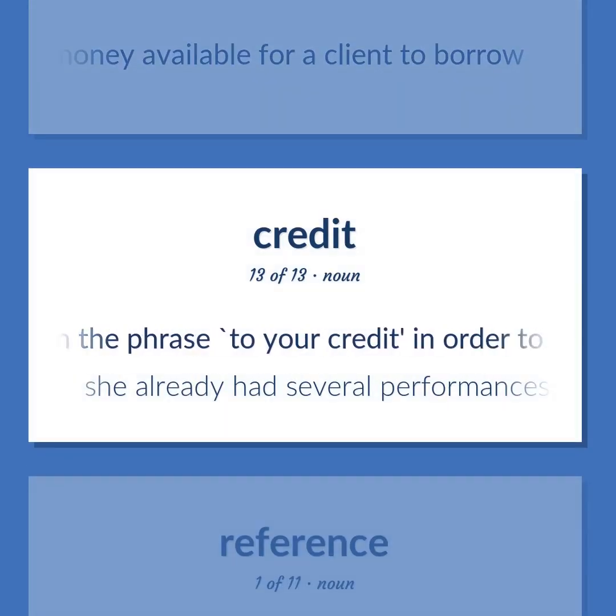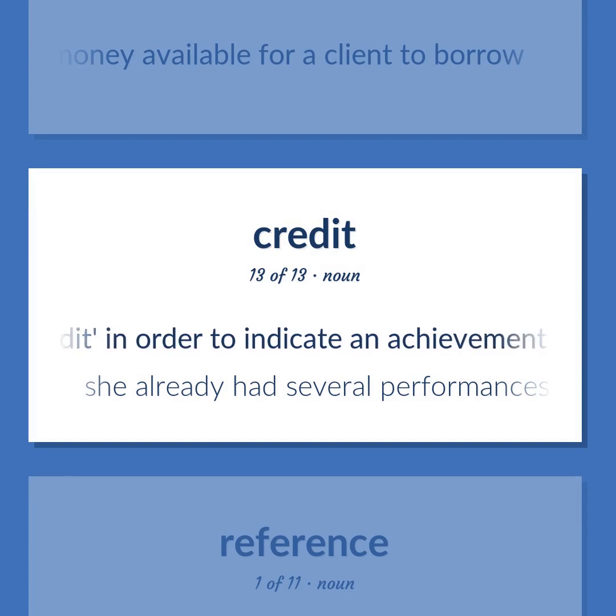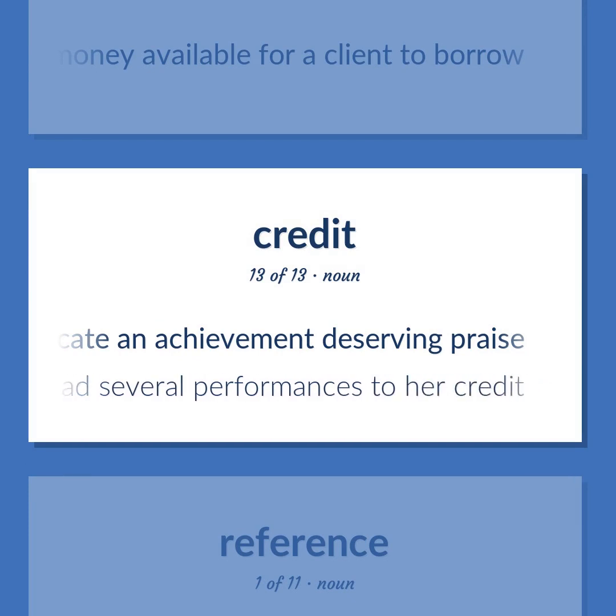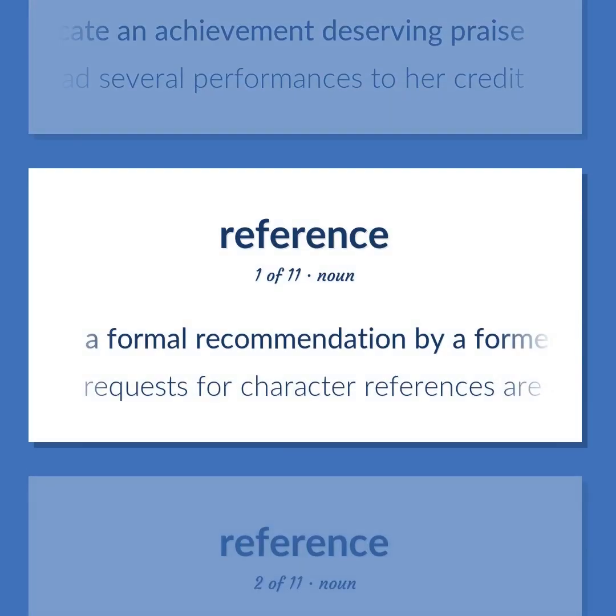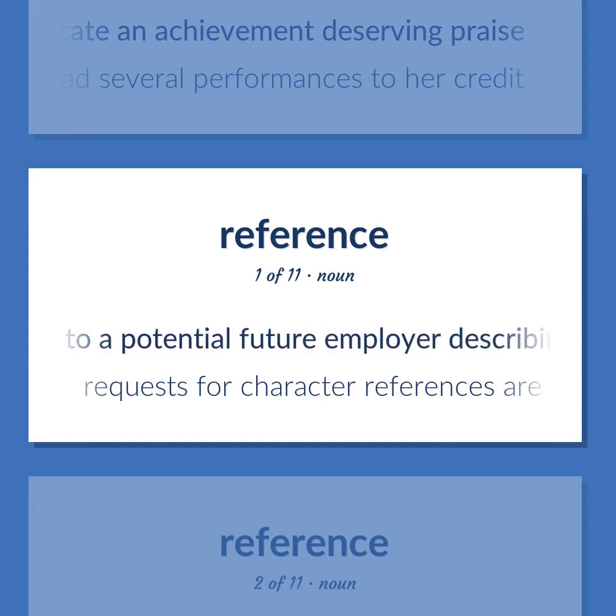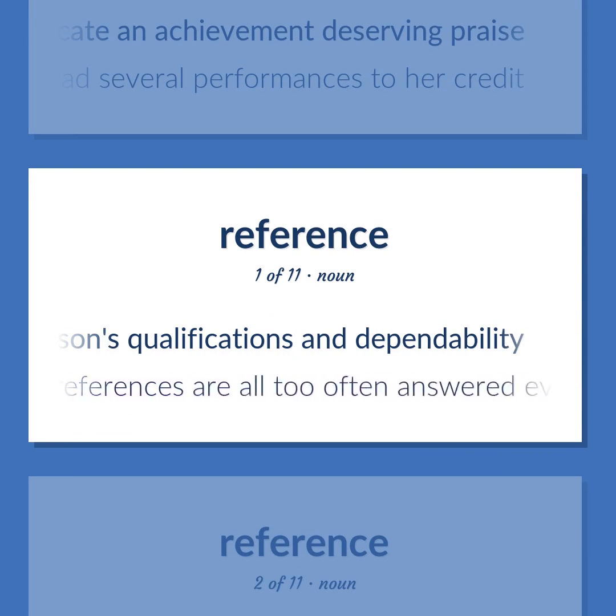Used in the phrase, to your credit, in order to indicate an achievement deserving praise. She already had several performances to her credit. A formal recommendation by a former employer to a potential future employer describing the person's qualifications and dependability. Requests for character references are all too often answered evasively.